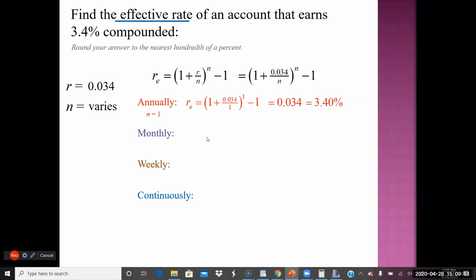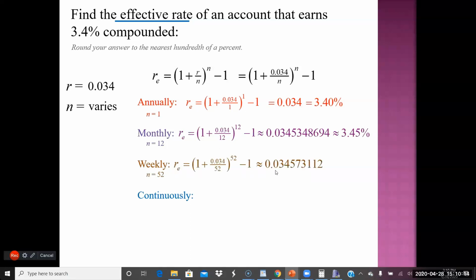If you did it monthly, that's 12 times a year. So you're going to have a little higher interest rate. See that, just a little bit higher. Instead of 0.34, you'll have 0.345. So it's a little more. Weekly, 52 times a year. So it's going to be even higher by a little bit more, 0.01% higher. And then finally, continuously, where we have to switch to a different formula.